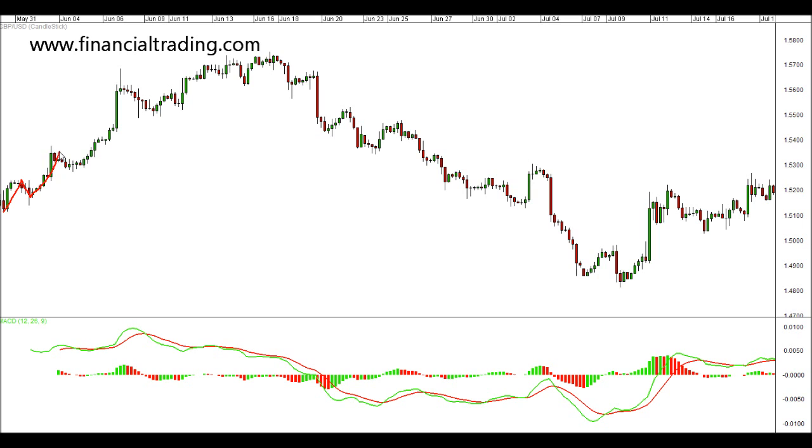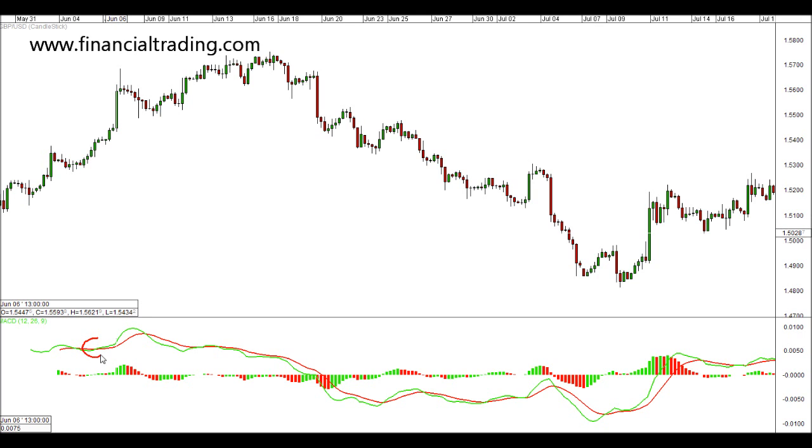If we were to follow this trend that we've looked at in so many of these videos, the pound against the dollar 4-hour chart, and we wanted to join this trend, perhaps in this area where there are pin bars and engulfing candles, we could use our MACD as a second signal that our analysis is correct.